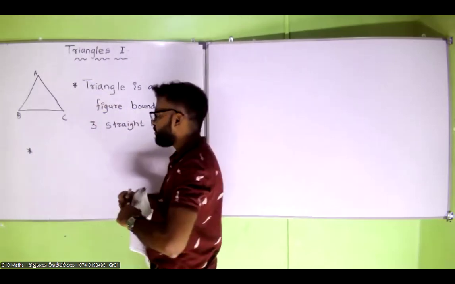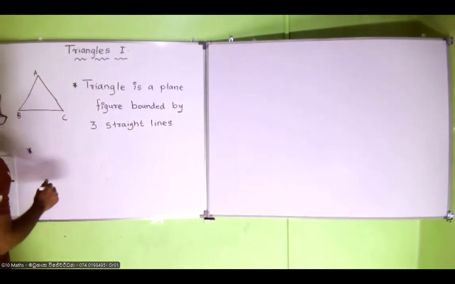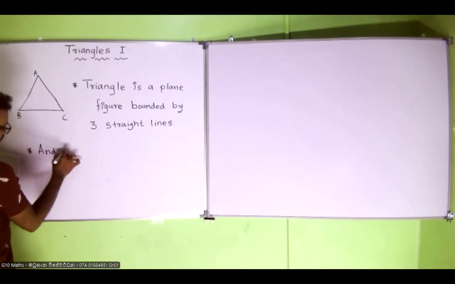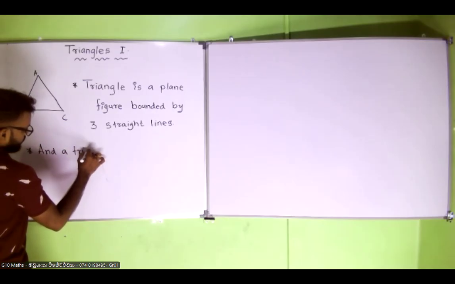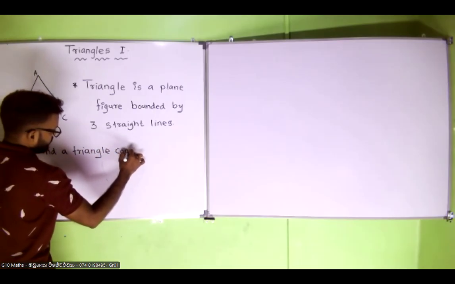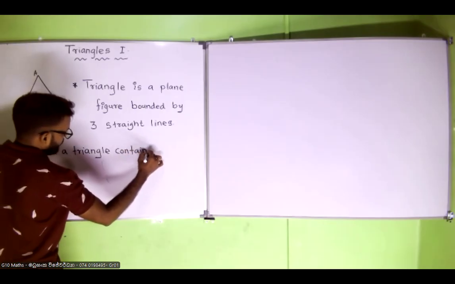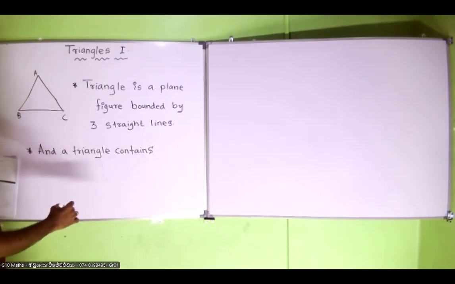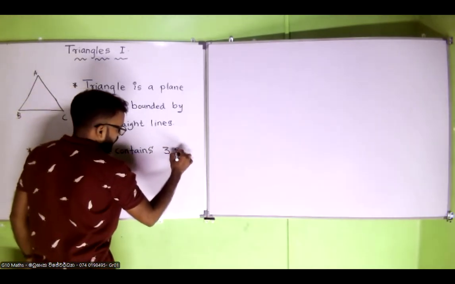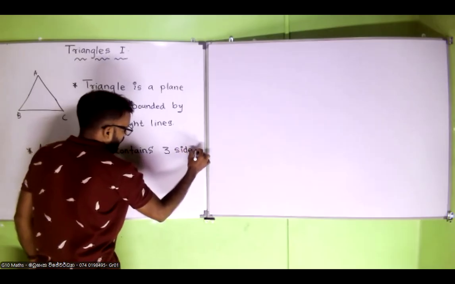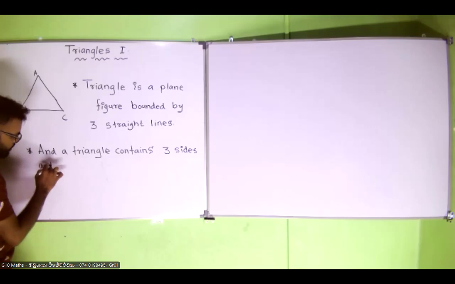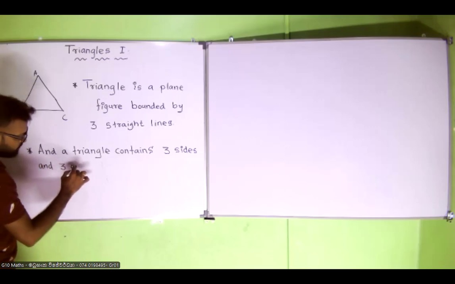Correct. So let's write: a triangle contains three sides and three angles.